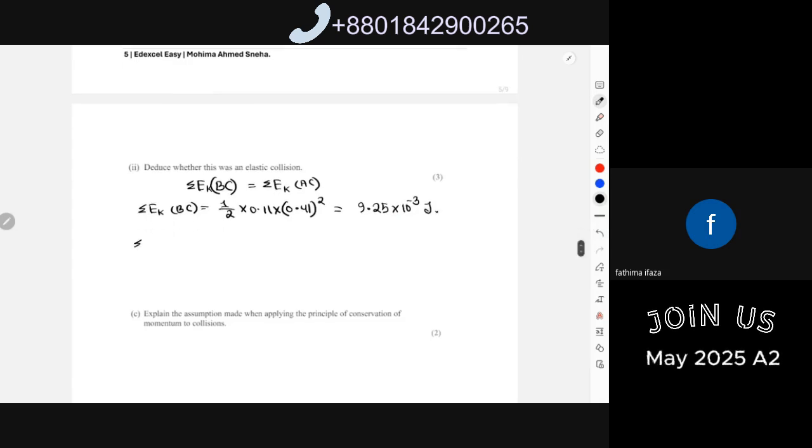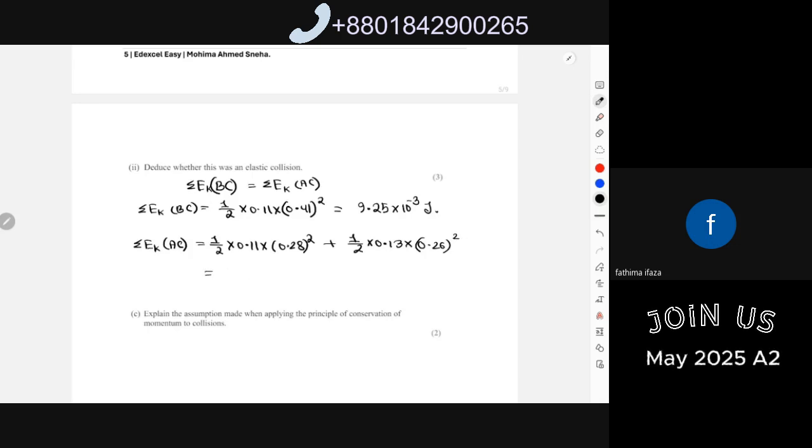And then again, total kinetic energy after collision is going to be half 0.11 with 0.28 whole square plus half 0.13 with 0.26 whole square.